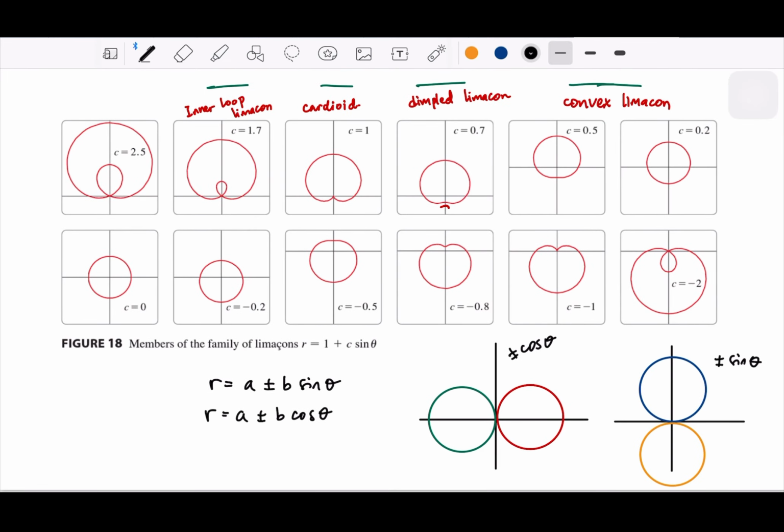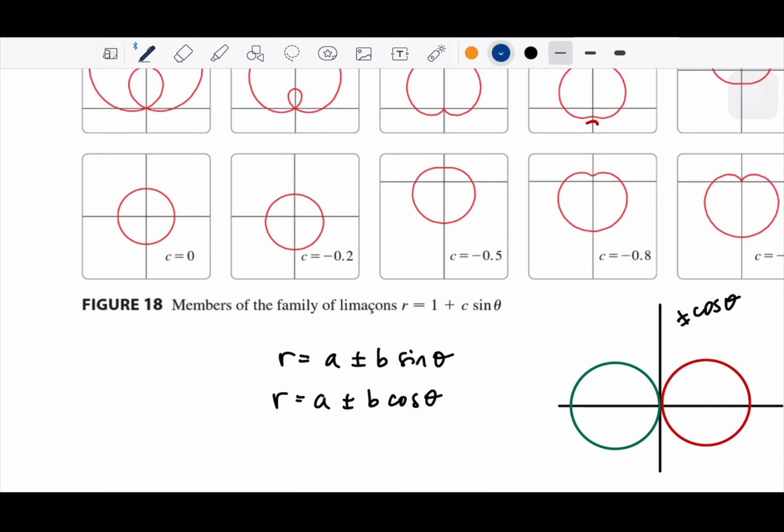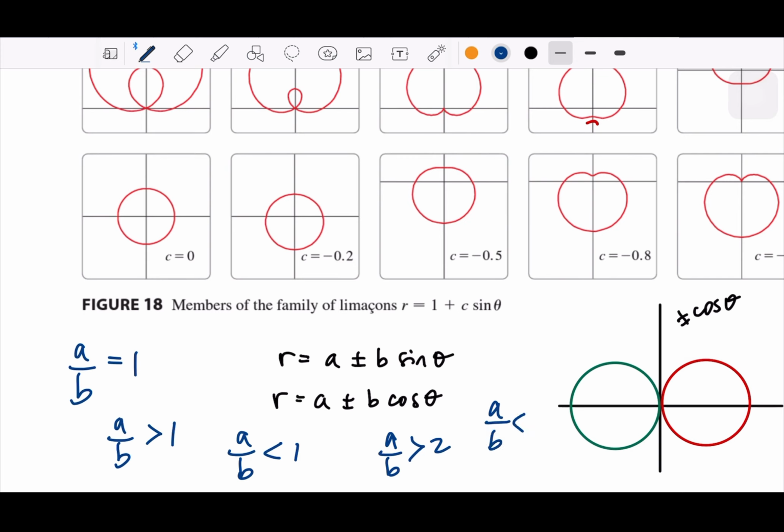And from this a and b, we can have a over b equal to 1, or a over b greater than 1, or a over b less than 1, or even a over b greater than 2, or a over b less than 2. Less than 2, I think, is not really important.